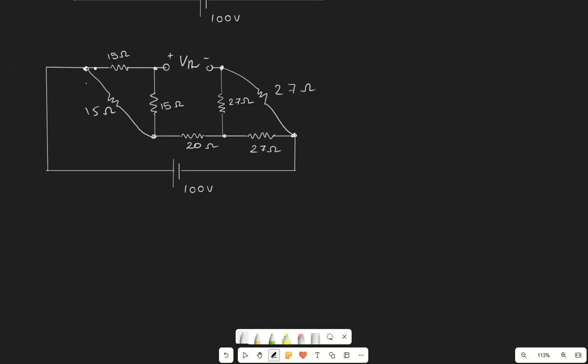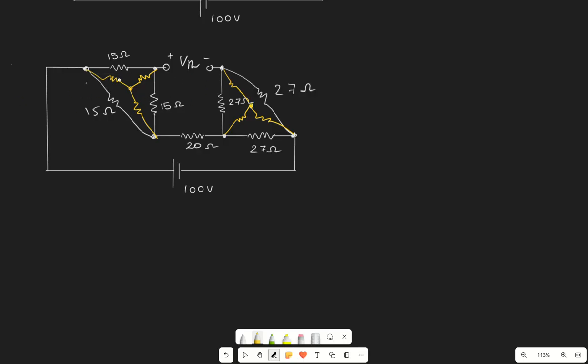If we convert this delta into a star, our circuit becomes slightly more solvable, right? Here is the corresponding circuit after converting into star. This will make our circuit easier, so let's convert it.